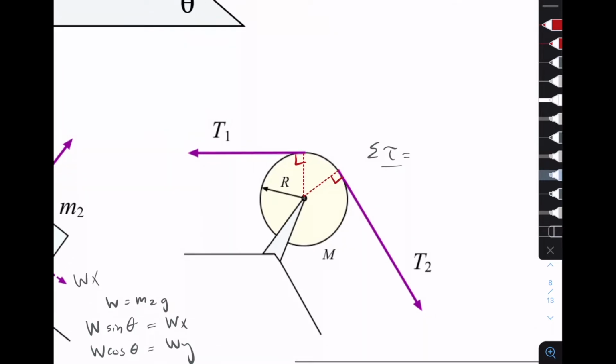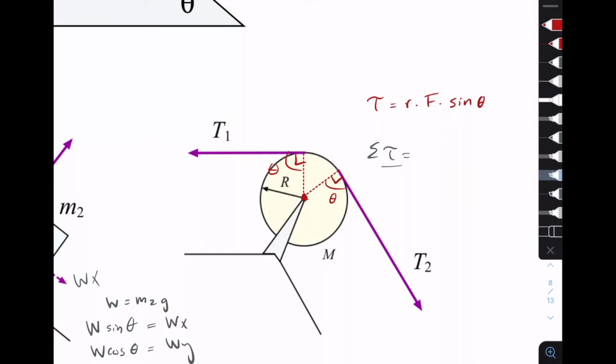If I sum up my torques, the general equation is torque equals r times F times sine of theta. The angle for both of these is equal to 90 degrees, and the r value from the rotating point is just this big R. So let's do them both separately and look at the sign convention.